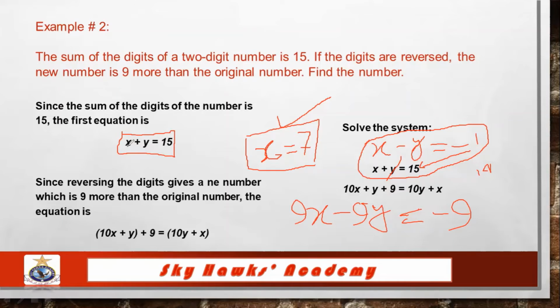X is 7, and x plus y is equal to 15. So what is the value of y over here? Y is 8. Instead of 9, you must say 8. It's a simple arithmetic. That's why y is 8.